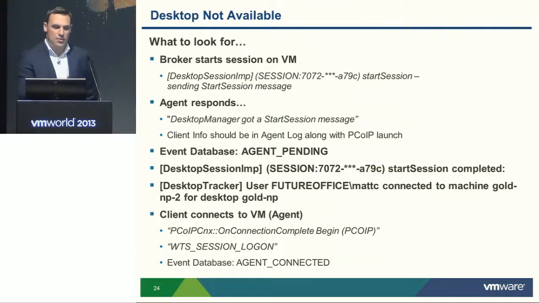And when that happens, you'll see within the client an acknowledgement that the PCRP session has started, and then, whether it's PCRP or RDP, you'll get this WTS session logon event within the client. And finally, within the event database, you'll see agent connected. So these are the things that you definitely have to see within the logs if you want to know whether or not a client actually got a connection into the desktop and can see what's going on within the desktop. So PCRP is connected and up and running.